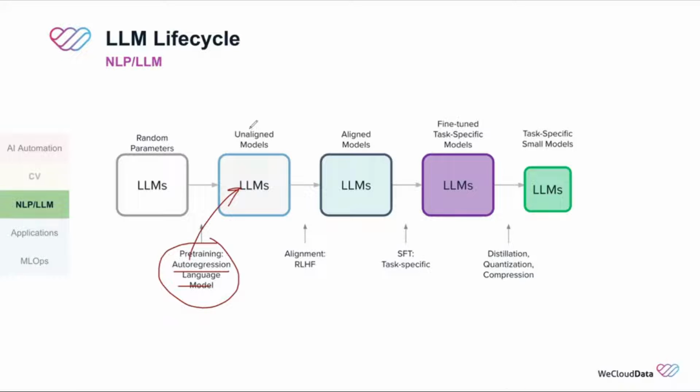An unaligned model means the model will basically say anything, okay? It can spit out biased stuff, or say things that are violent, because we haven't taught the model how to behave, how to say the right thing, or be politically correct, right? So that's the foundation model.